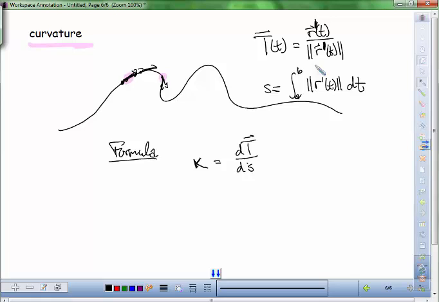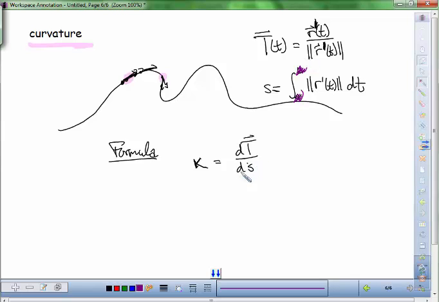Or if we want to keep it as a general integral, I'm just going to cheat a little bit and take away a, b. Generally, that's what the arc length is, right?